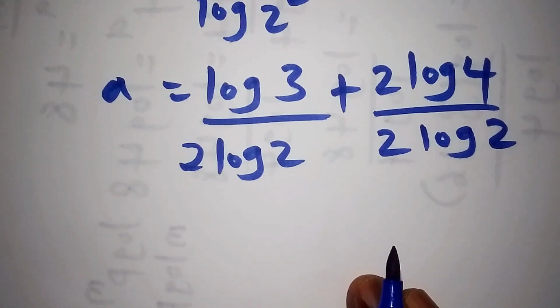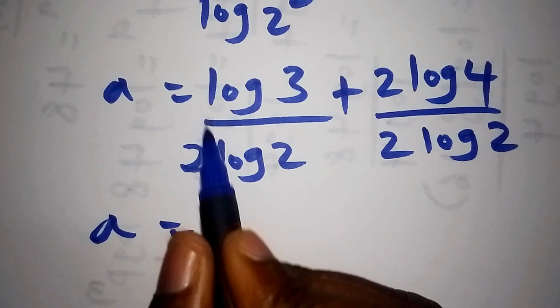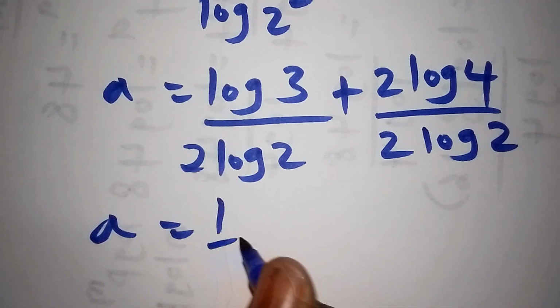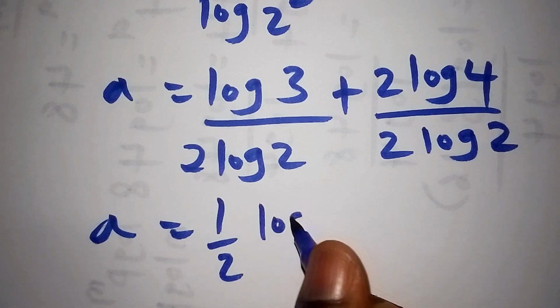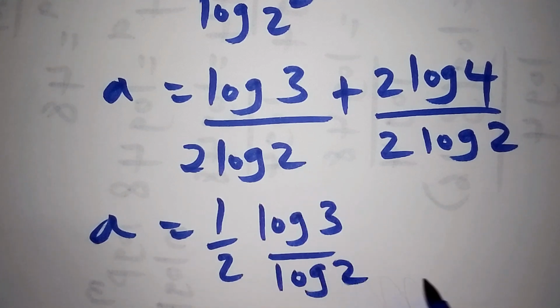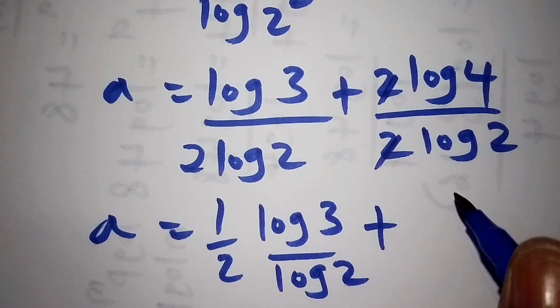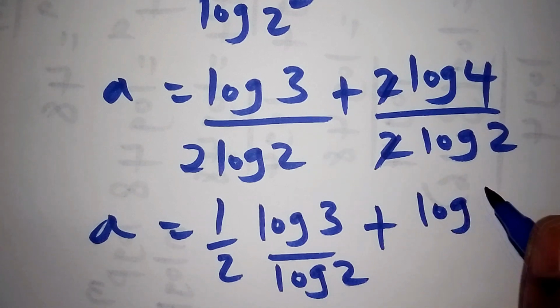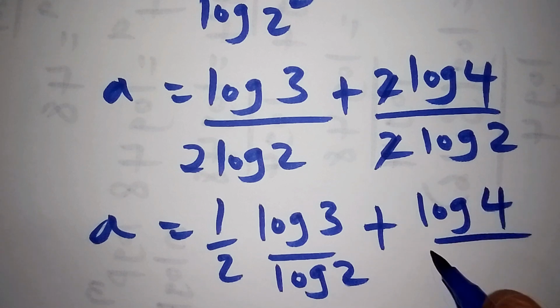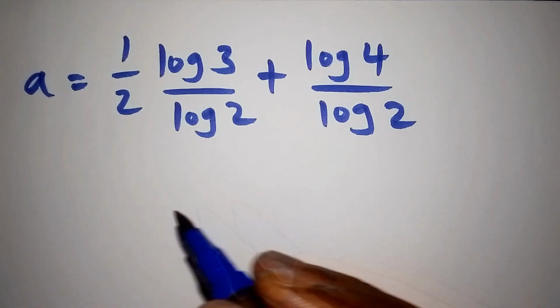Our value for a now equals 1 over 2 the log of 3 all over the log of 2, plus, here the 2s cancel, so we have the log of 4 all over the log of 2.